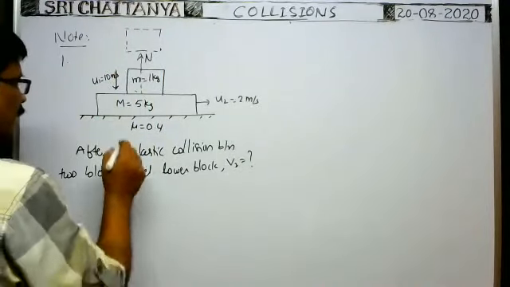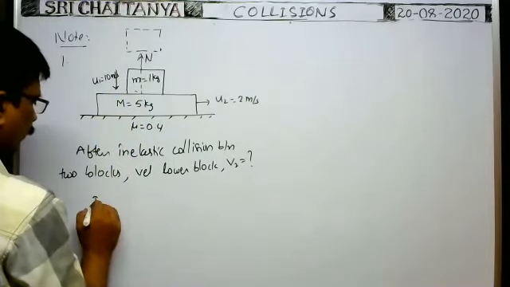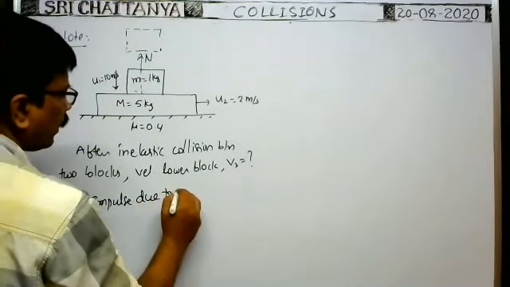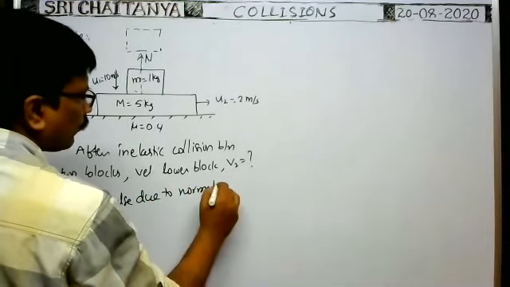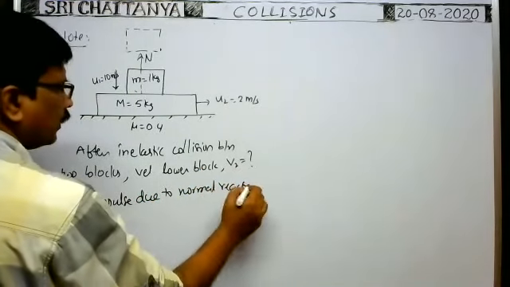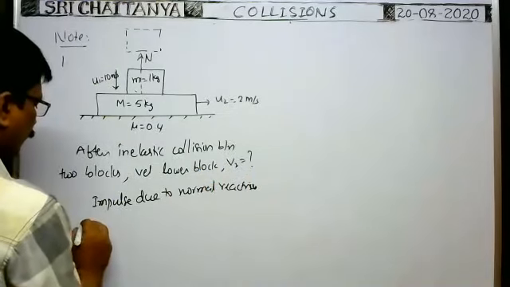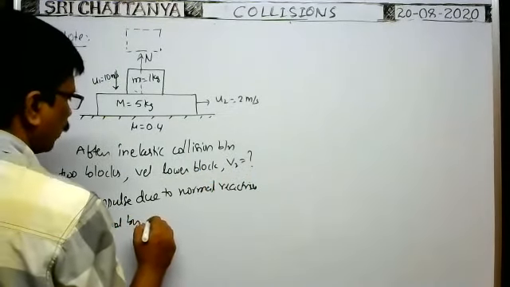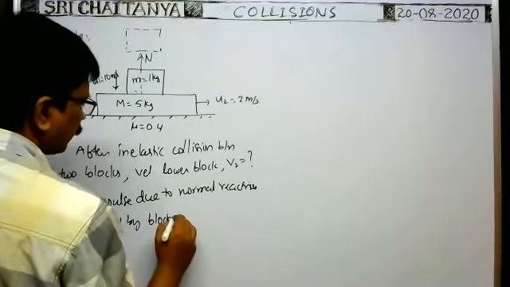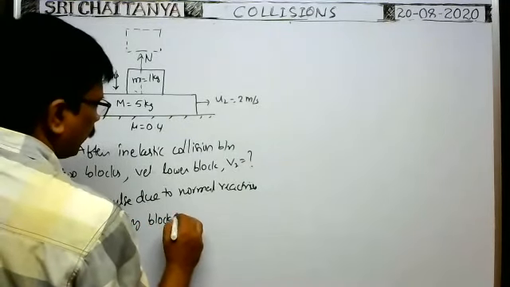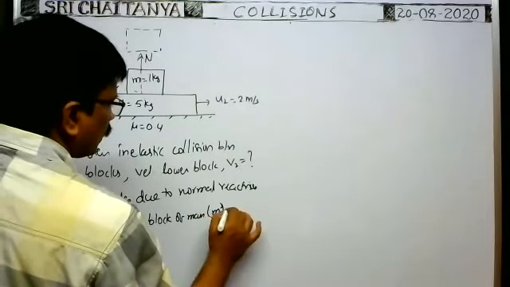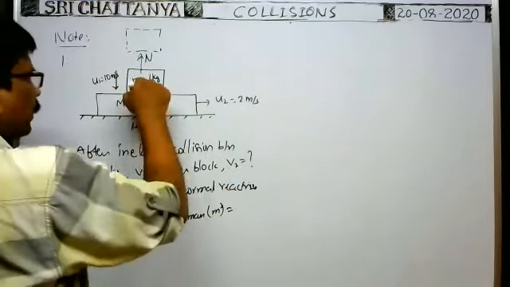Therefore, the impulse due to normal reaction received by the smaller block of mass small m is in this direction.